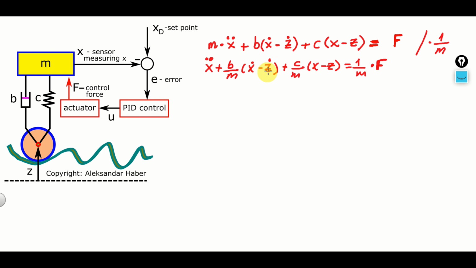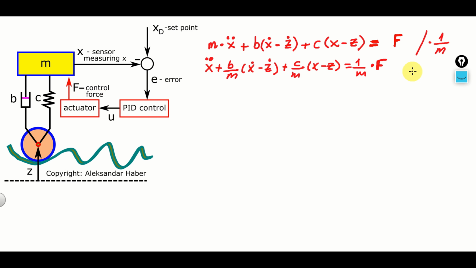The idea for transformation is to move z dot and z to the right hand side since they originate from the disturbance z. That is, on the right hand side we would like to have the force, that is our control force, and the disturbance.